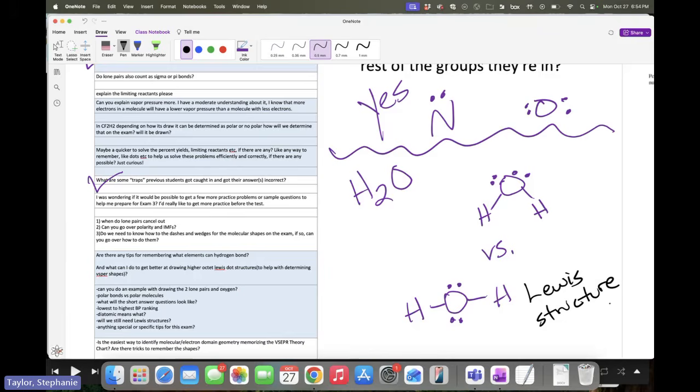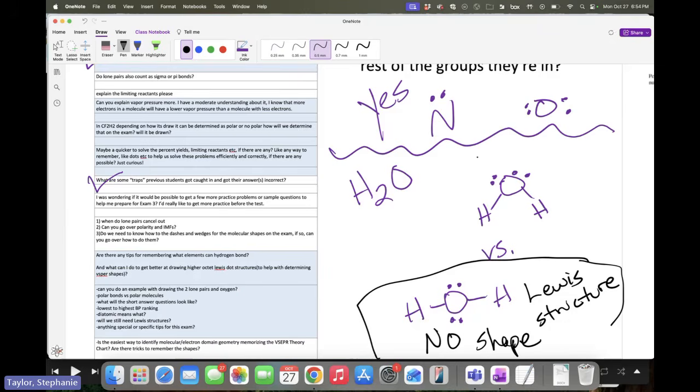There is nothing wrong with this as a Lewis structure. But there is basically no shape information here. This bottom Lewis structure looks like it gives you shape information when it does not, because that is a Lewis structure.